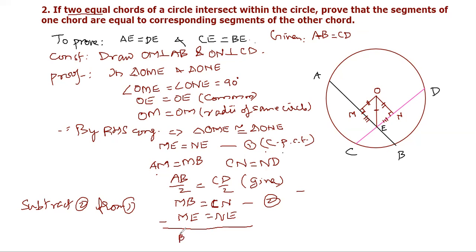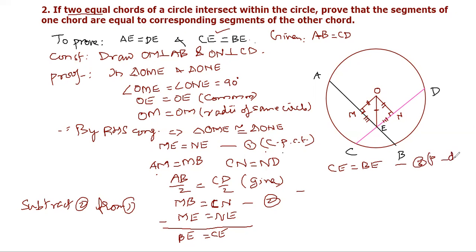Similarly, CN minus NE will be equal to CE. So we got this proof, CE is equal to BE. Proved.